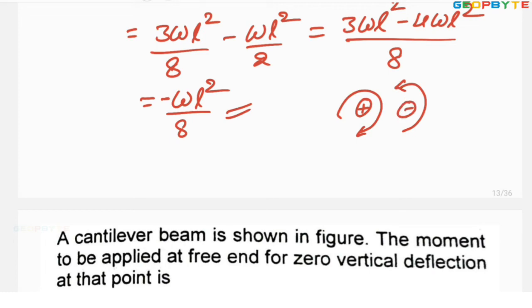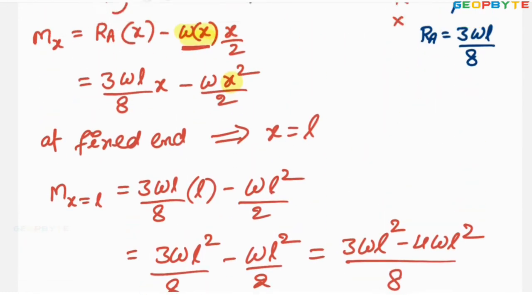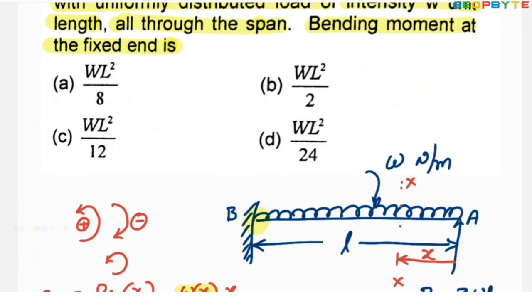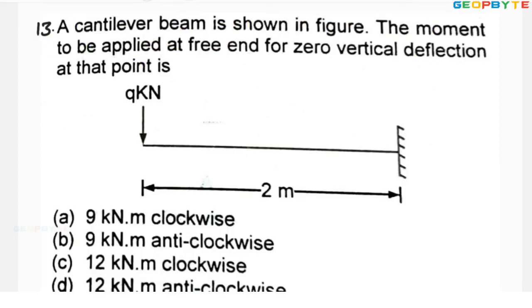With this assumption, definitely you will get bending moment at a distance of L equal to WL square by 8. That is the bending moment at the fixed end. Look at the options. Option A, WL square by 8. A itself is absolutely correct. I hope you clearly understood. Let us go for the next problem.